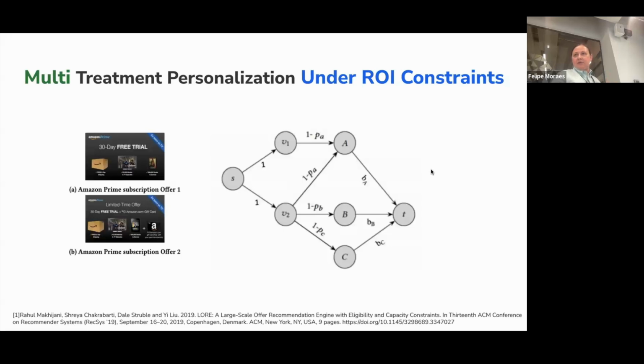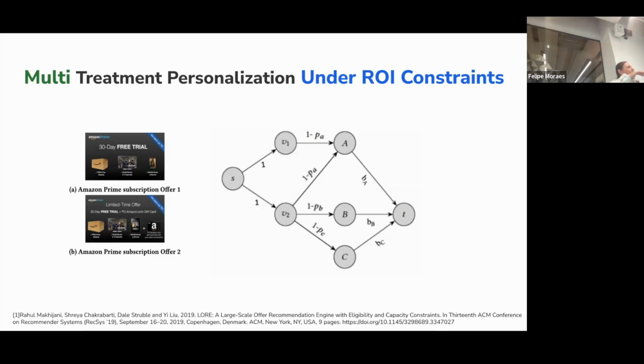Another interesting paper we would like to mention is about how to deal with multi-treatment personalization when you have many different variants of what to offer, plus you have ROI constraints. So basically you need to find the best offer for each user, and be mindful about cost. In that paper from Amazon, they offer a very interesting solution using min cost flow network optimization.